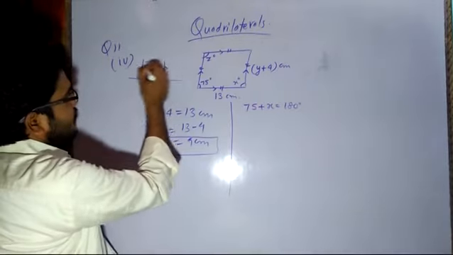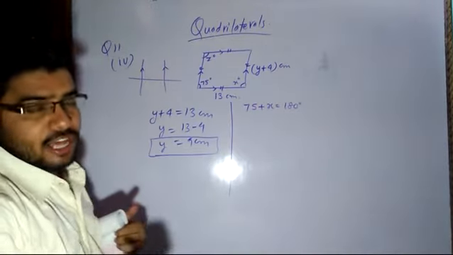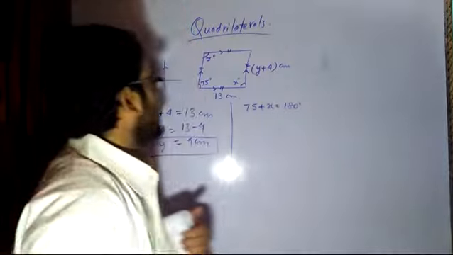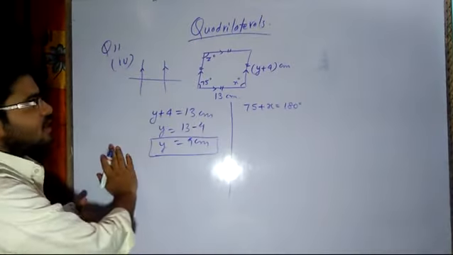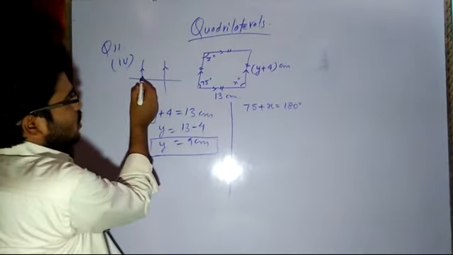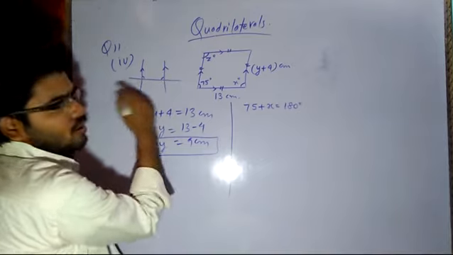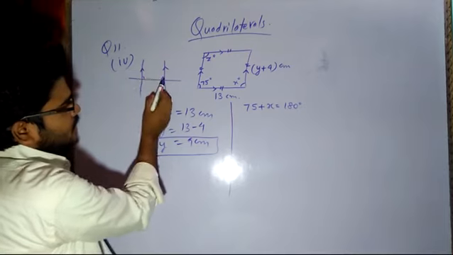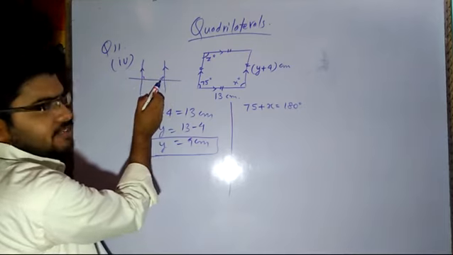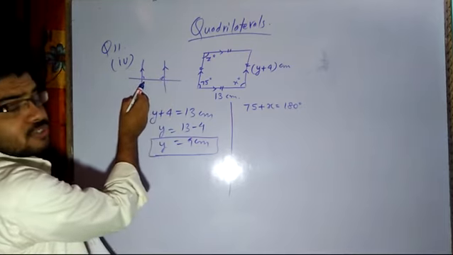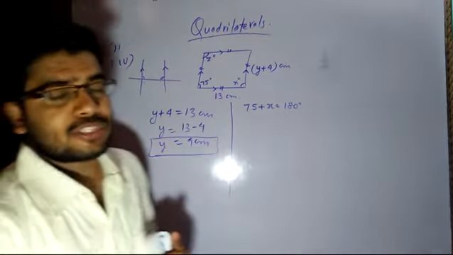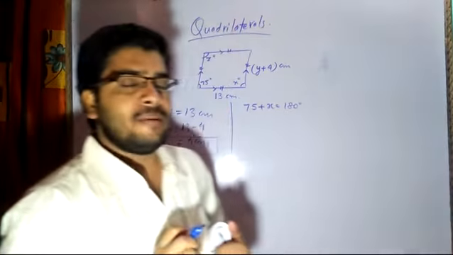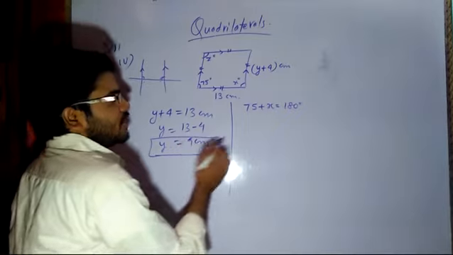As you remember from class 7, when two lines are parallel and a transversal cuts them, the angles inside the parallel lines on the same side of the transversal are called co-interior angles, and their sum is equal to 180 degree.